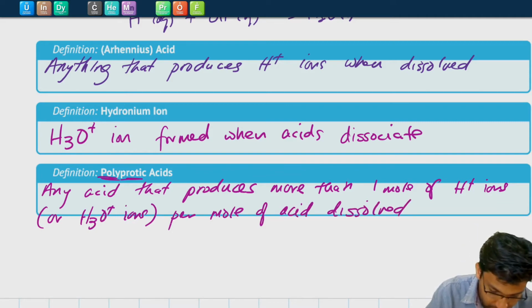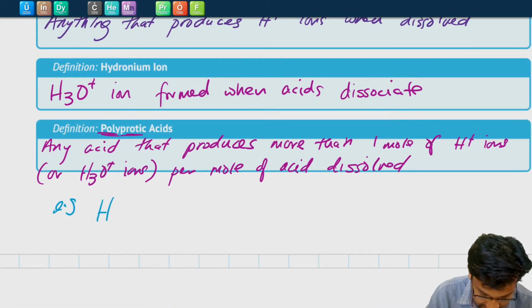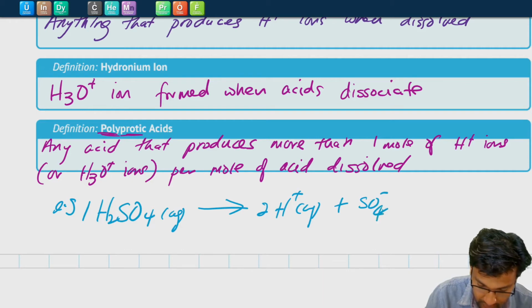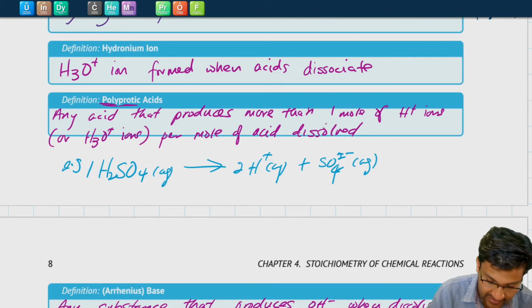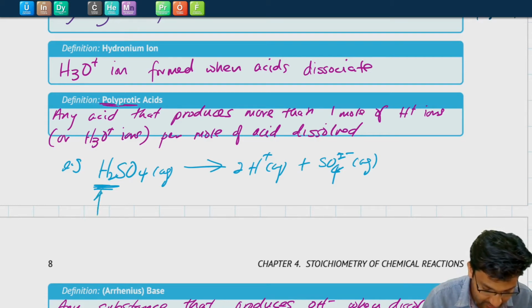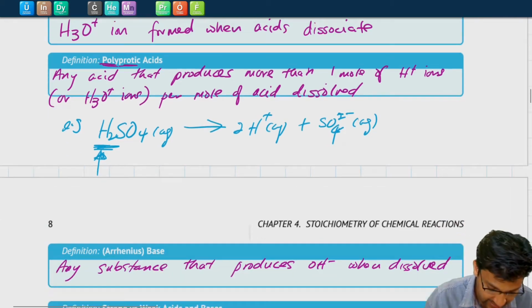An example might be sulfuric acid, H2SO4. When this dissolves, it produces 2 H plus for every 1 mole of H2SO4, and SO4 2 minus aqueous. So that's an example of a polyprotic acid. Usually there are going to be more than one H plus that can dissociate, and the protons that can dissociate are usually written before the rest of the compound.